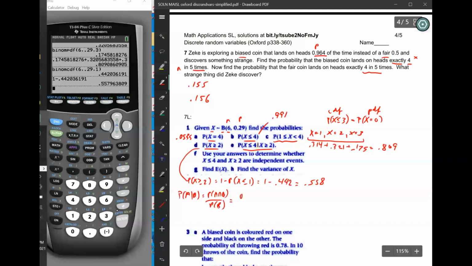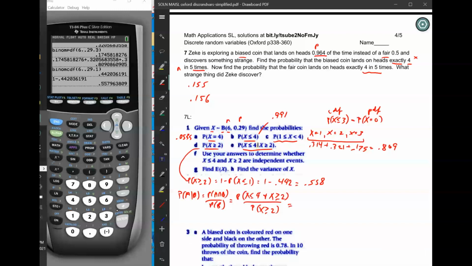So in this case, it's the probability that x is less than or equal to 4 and x is greater than or equal to 2, over the probability that x is greater than or equal to 2. Okay, so we just filled in the A's and B's with our situations.